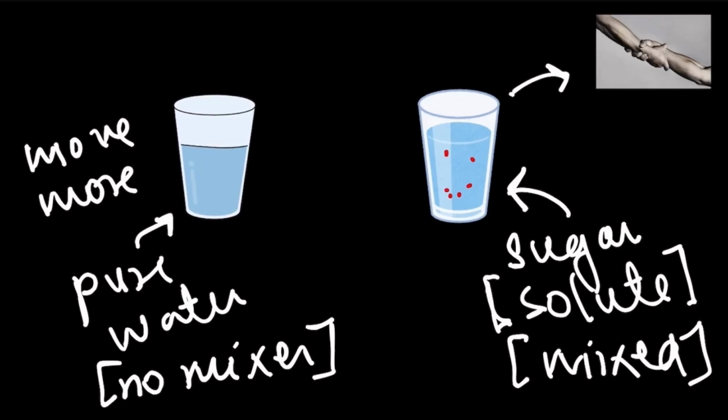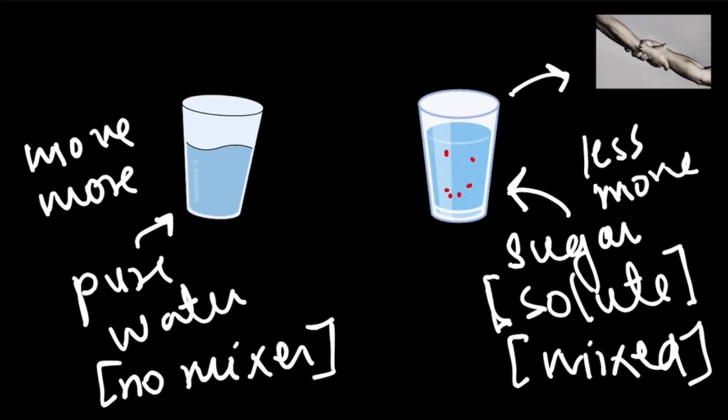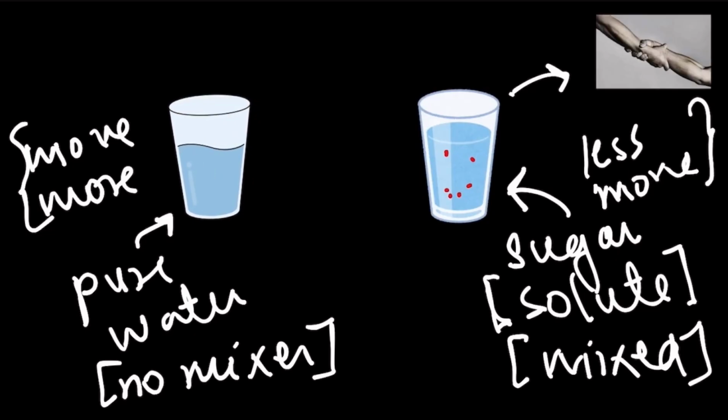So it is less likely to move. When you have pure water, water is able to move more, but when you have solute mixed in it, it is able to move less.